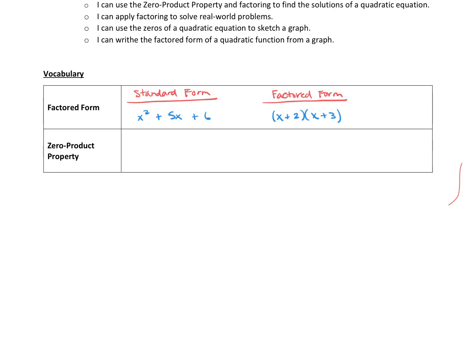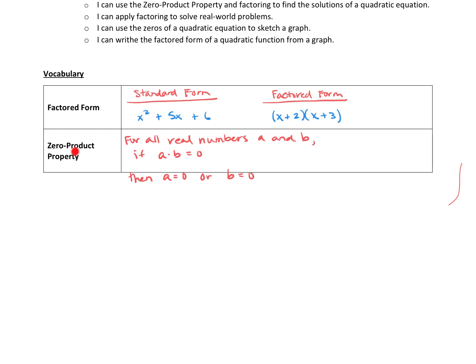All right, one more thing, we have a zero product property. For all real numbers a and b, if a times b equals 0, then a equals 0 or b equals 0.